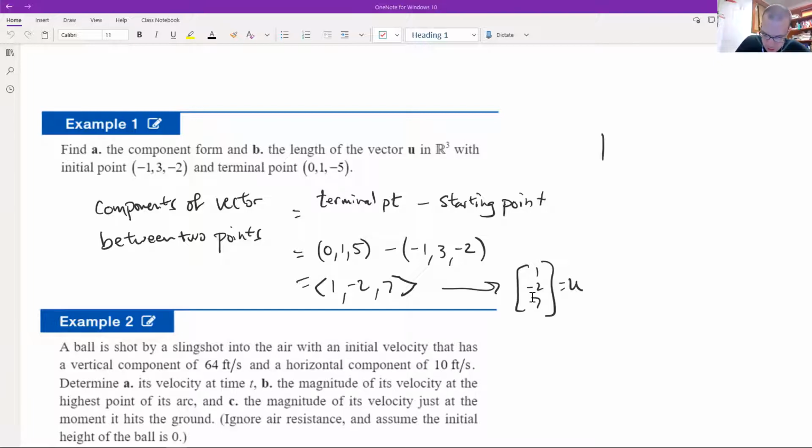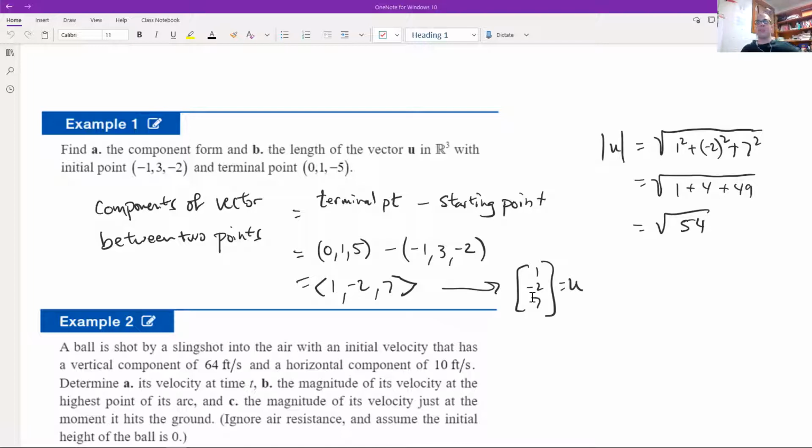And in order to find the magnitude of u, or the length of this vector, we take the square root of 1 squared plus -2 squared plus 7 squared. And we get the square root of 1 plus 4 plus 49. So that's 54. And we can't really reduce that much. So the length of that vector is the square root of 54, a little bit more than 7. Cool. Not so bad there.